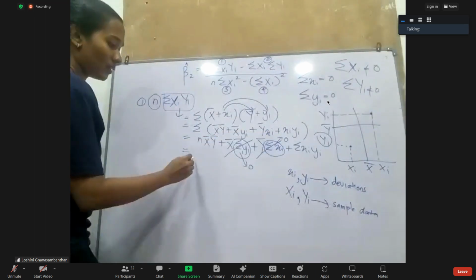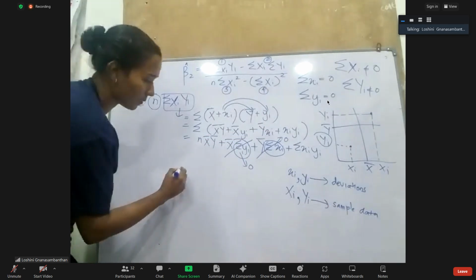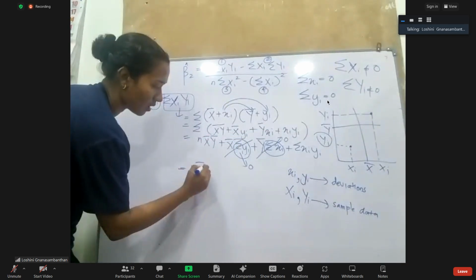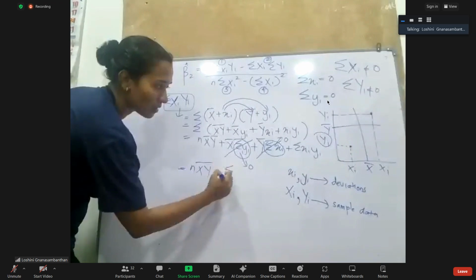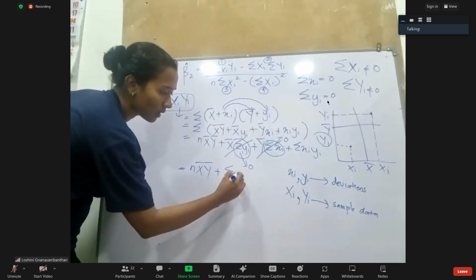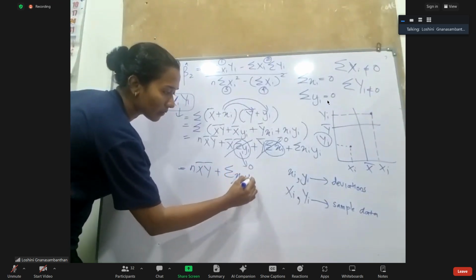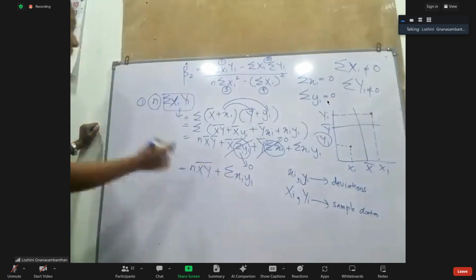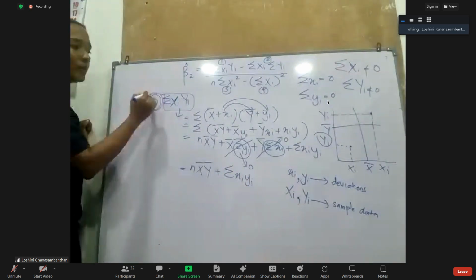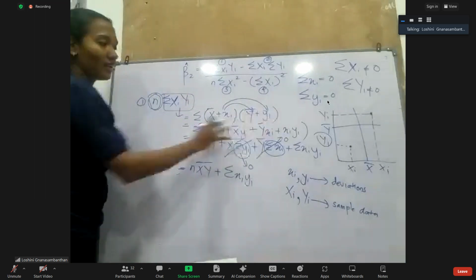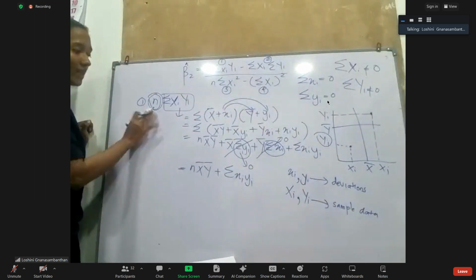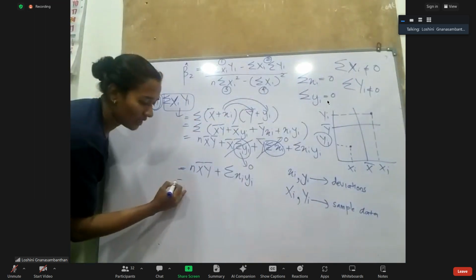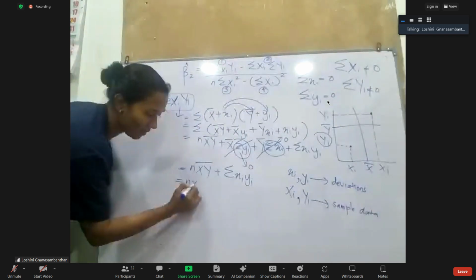Then what remains? The remaining thing is n x bar y bar, the sigma xi yi. Now don't forget the n that we did put here. Can you see any n here? No. So we can forget this. We have to finish it by multiplying by n.